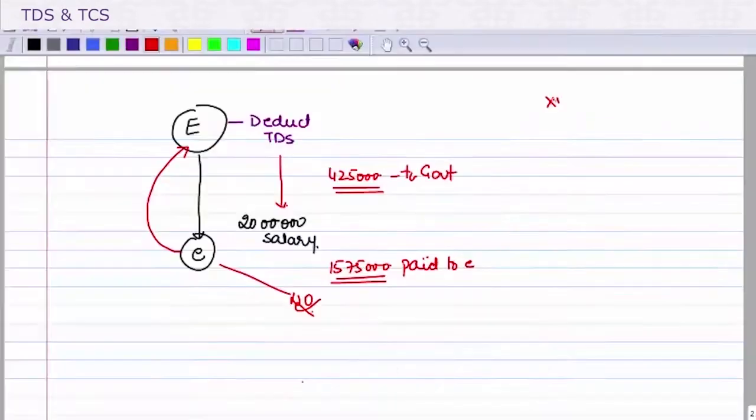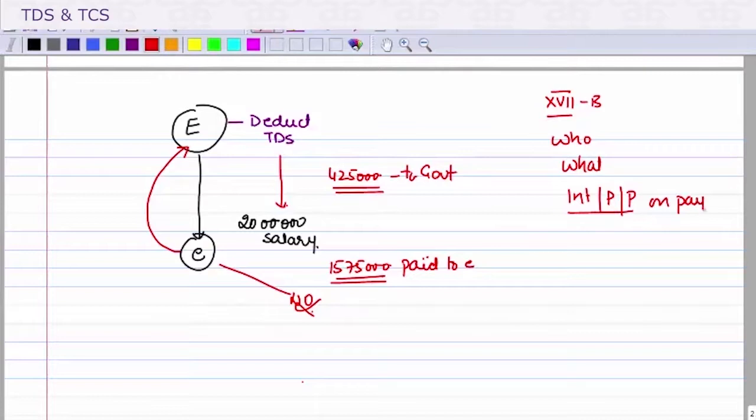So we now have rules as to who will deduct TDS, how TDS will be deducted. What if the payer does not deduct TDS? The interest will be levied on the payer. The penalty will be levied on the payer. He will go to jail. Prosecution can be enforced on the payer for non-deduction of TDS.